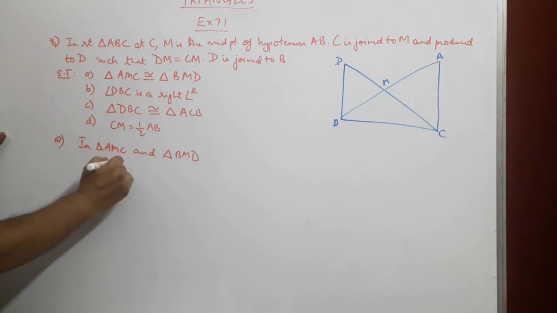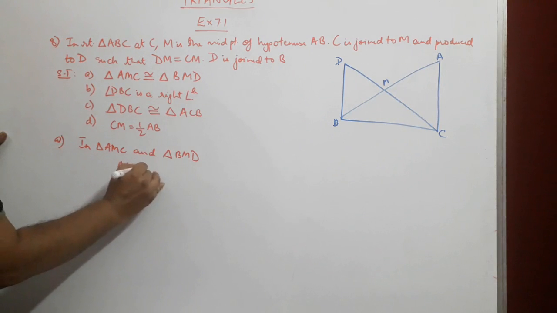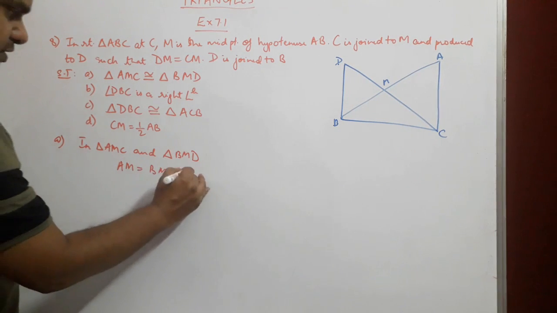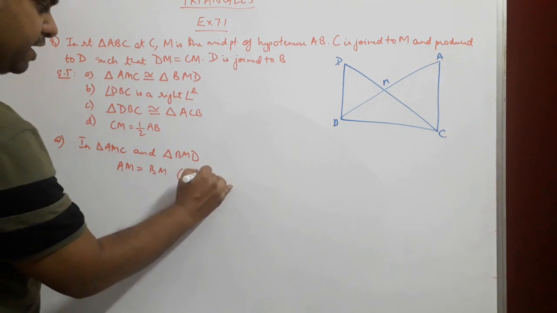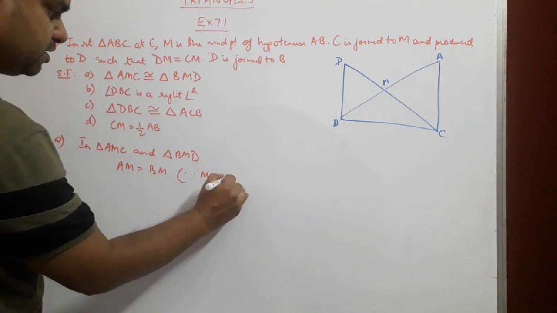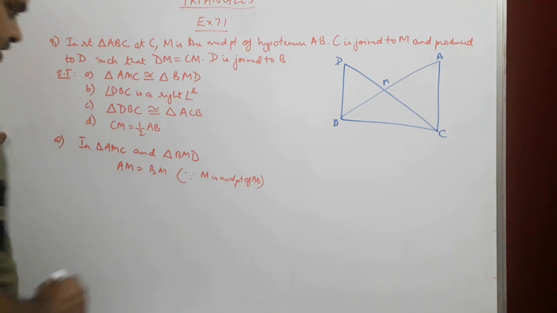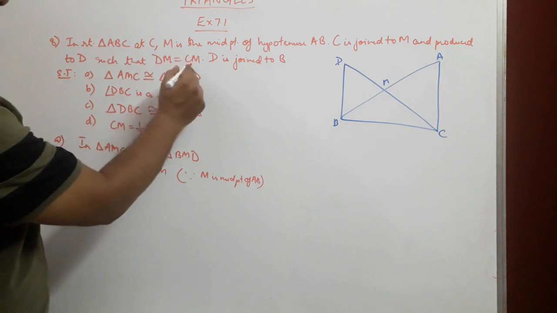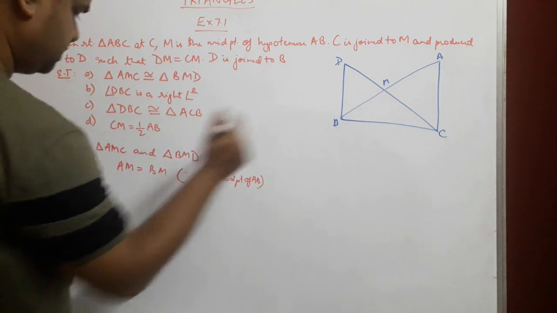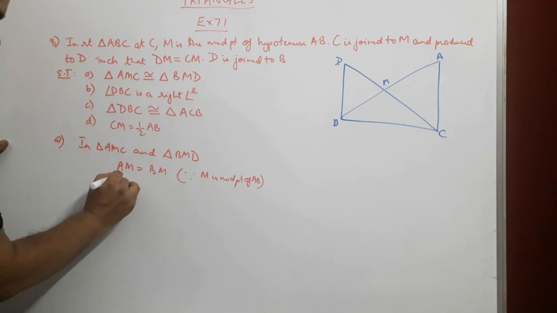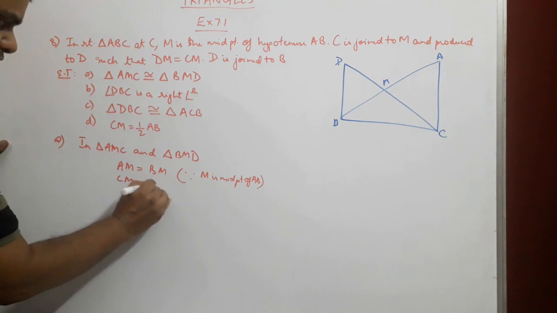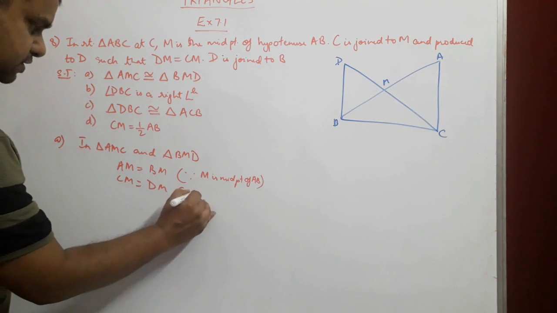So we can say AM is equal to BM since M is midpoint of AB. Next, we have been told that DM is equal to CM. So we write CM is equal to DM. This is given to us.